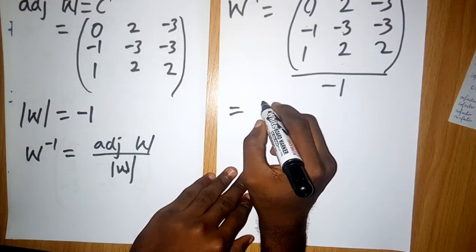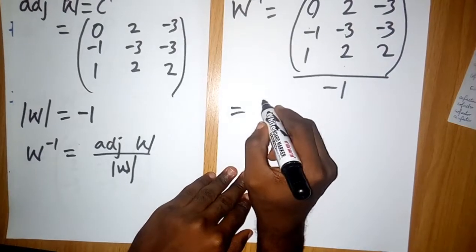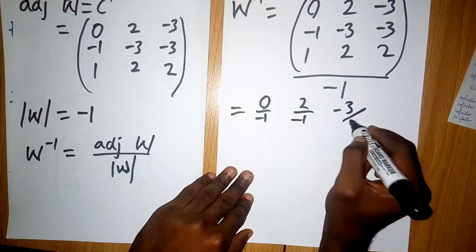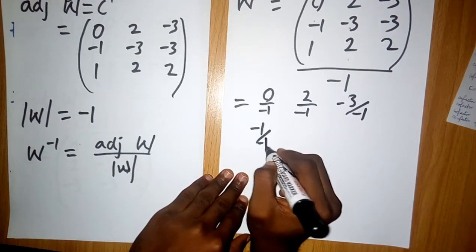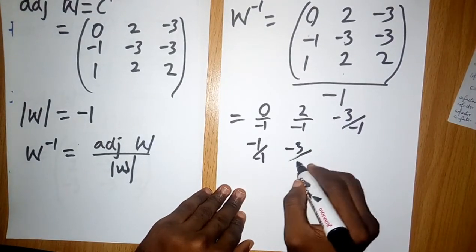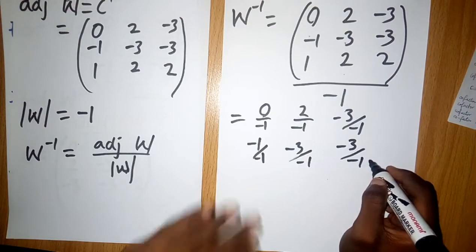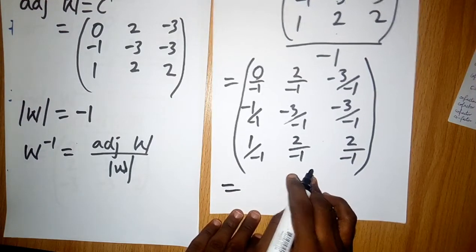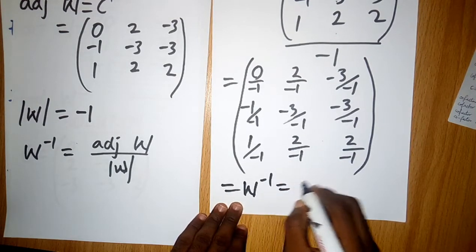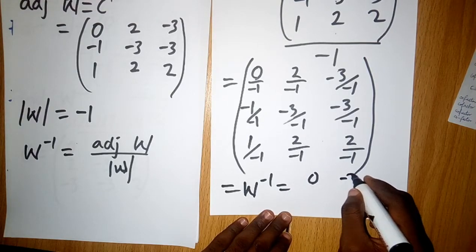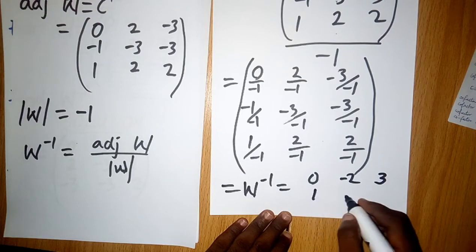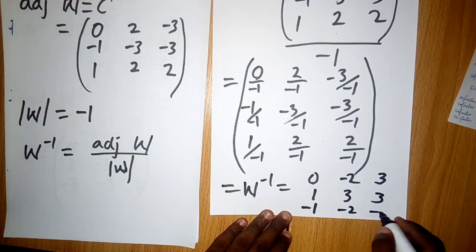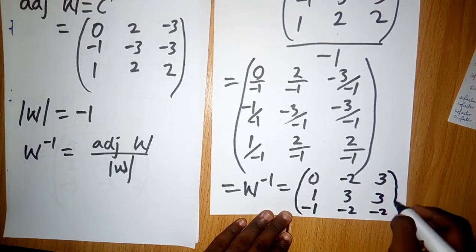We'll divide each of them by minus 1, so we get 0 divided by minus 1, 2 divided by minus 1, minus 3 divided by minus 1, minus 1 divided by minus 1, minus 3 over minus 1, minus 3 over minus 1. All this gives us our inverse. So W inverse is equal to 0, minus 2, 3, 1, 3, 3, minus 1, minus 2, minus 2. So this is our inverse of W.